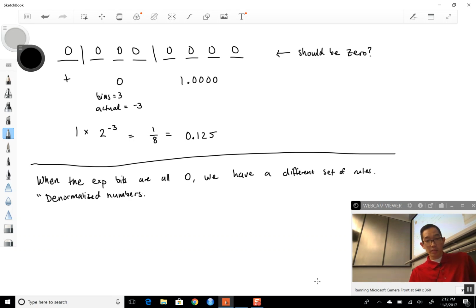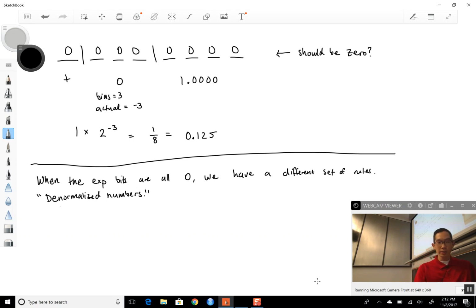A denormalized number is basically, with scientific notation, we always have a number other than 0 in front of the decimal or binary point. With a denormalized number, we allow the leading digit here to be a 0.